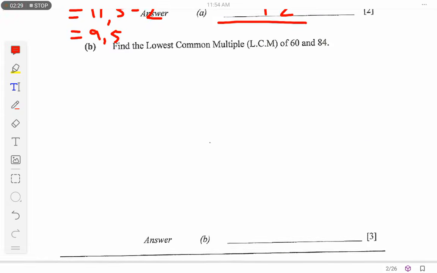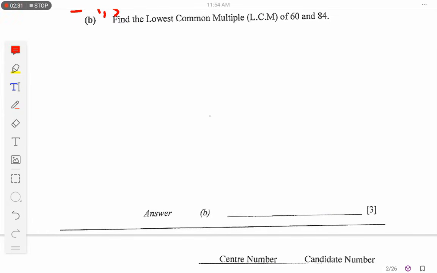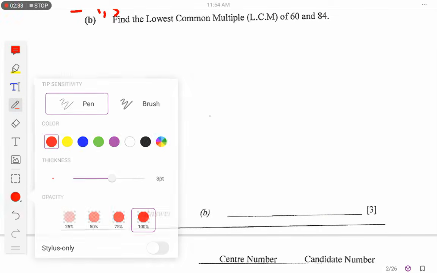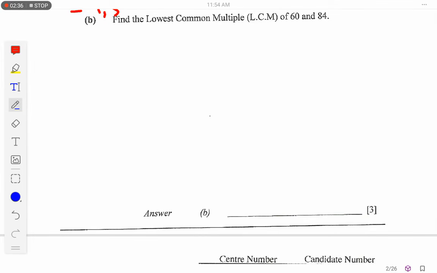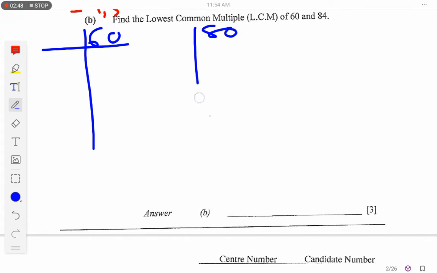Let's move on. Now we are looking at lowest common multiple. So what you do, I normally recommend my students to do what we call long division. So we can have 60 and also 80. So I'll have 60 here and 80 here.